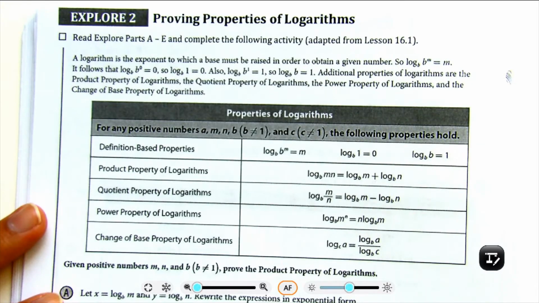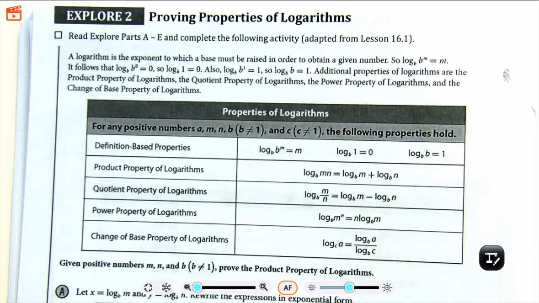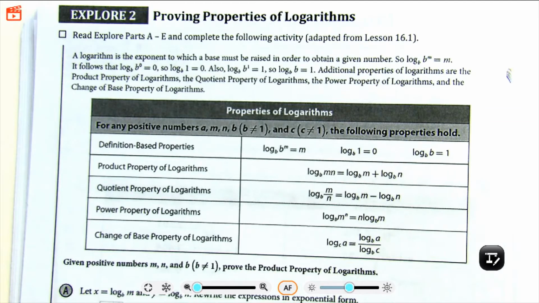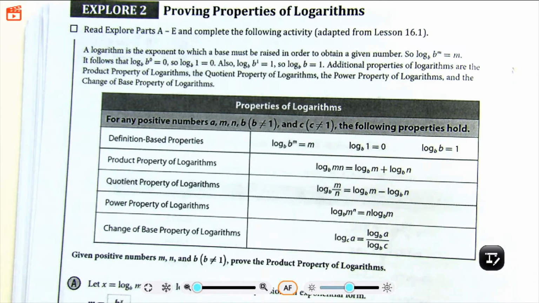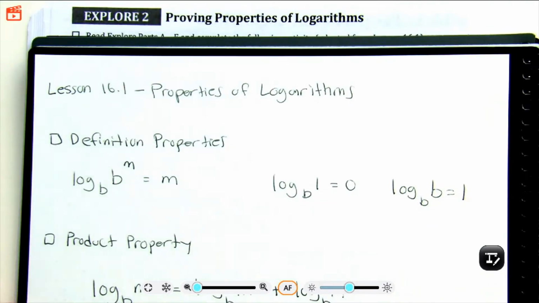Okay, so let's go through these properties one by one and take our time with each one. These properties apply to all logarithms. The first thing that we're going to look at are the definition-based properties, which I wrote here on my paper.